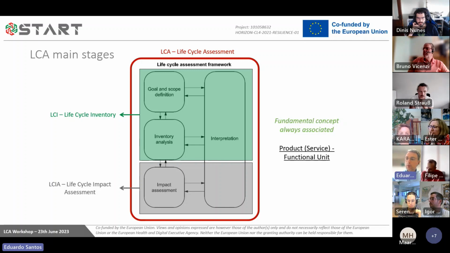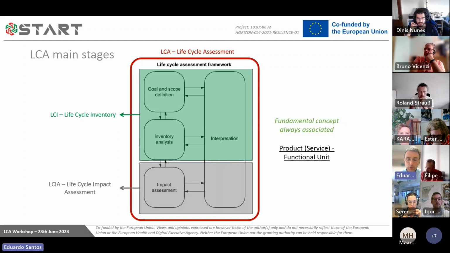So the first part, life cycle inventory, includes the goal and scope definition, and the second stage, which is the inventory analysis. So inventory analysis accounts for all of the inputs and outputs that comprise the life cycle stages. This is usually the most time-consuming stage, and this is something that we will be needing your support because we will be needing your data.